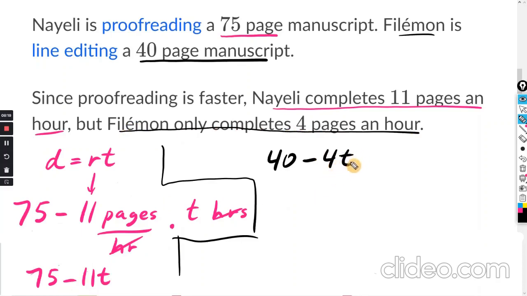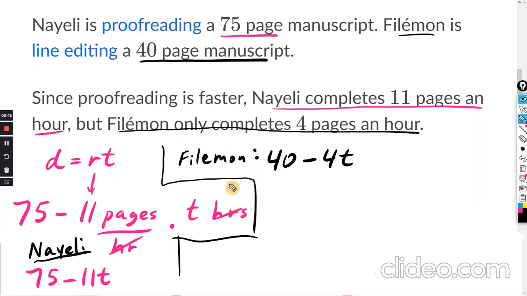Okay, because every time t goes up by an hour, he completes 4 pages. So this one right here is for Nayeli, and this one right here is for Filman.